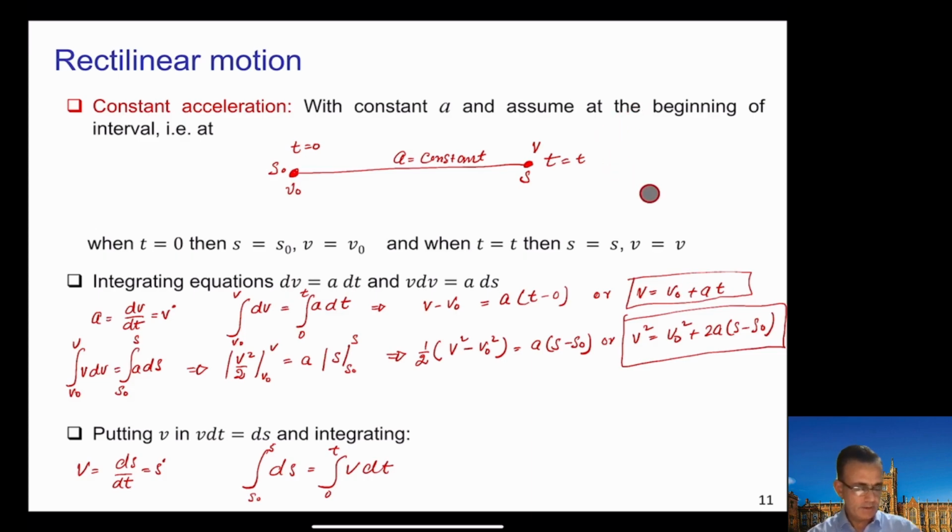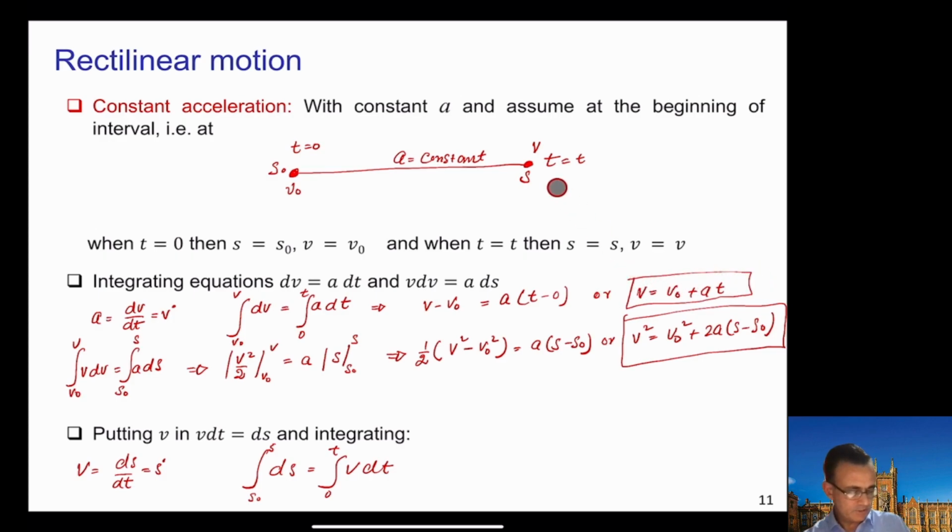Okay, now here we have the final velocity, which is obviously not constant with respect to time. A is constant, velocity is not constant. So if a is constant, then the velocity will change. So we need to know the velocity as a function of time, which we can calculate from this equation here.